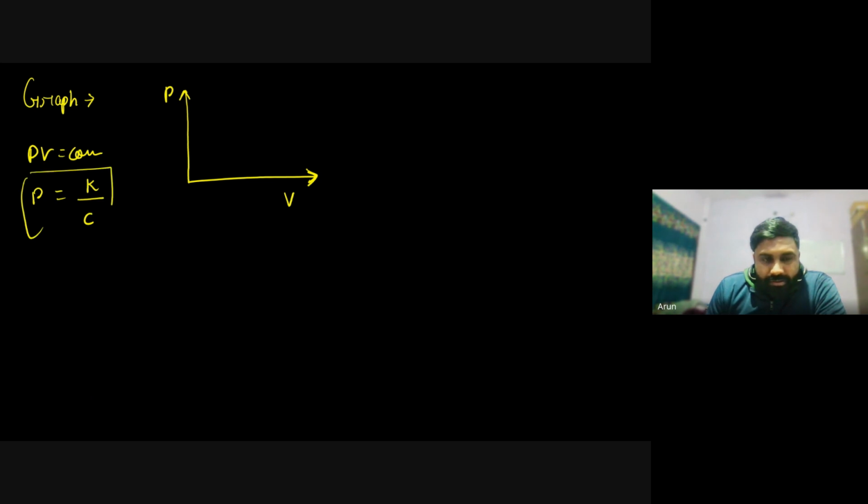In the indicator diagram, on the vertical axis we have pressure and on the horizontal axis we have volume. We know the relationship PV equals constant. So P equals some constant K divided by V. This is the expression for a rectangular hyperbola. So the graph will be like this from 1 to 2.